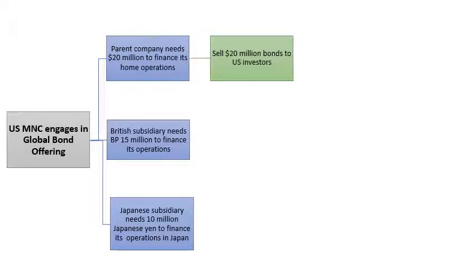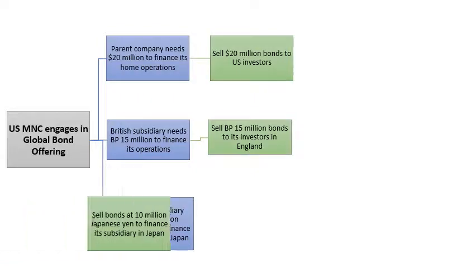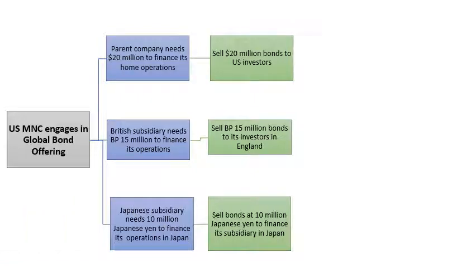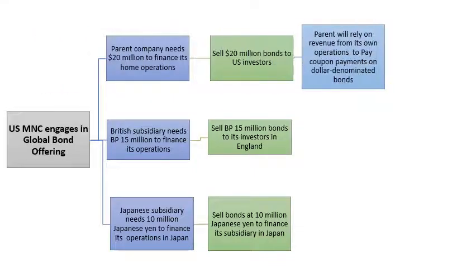The multinational corporation will sell $20 million of bonds to US investors in the United States, sell 15 million British pounds of bonds to its investors in the UK, and sell bonds of 10 million Japanese yen to finance its subsidiary in Japan.